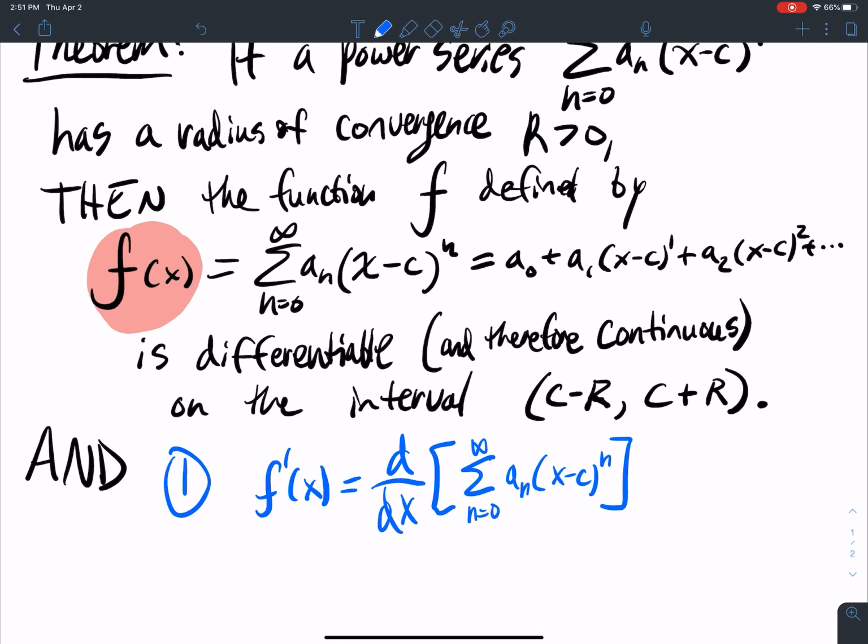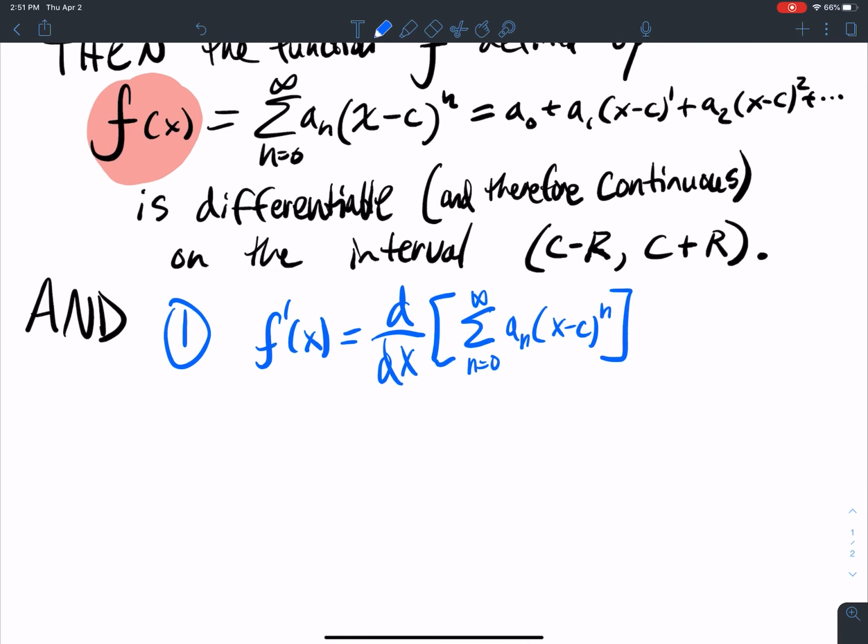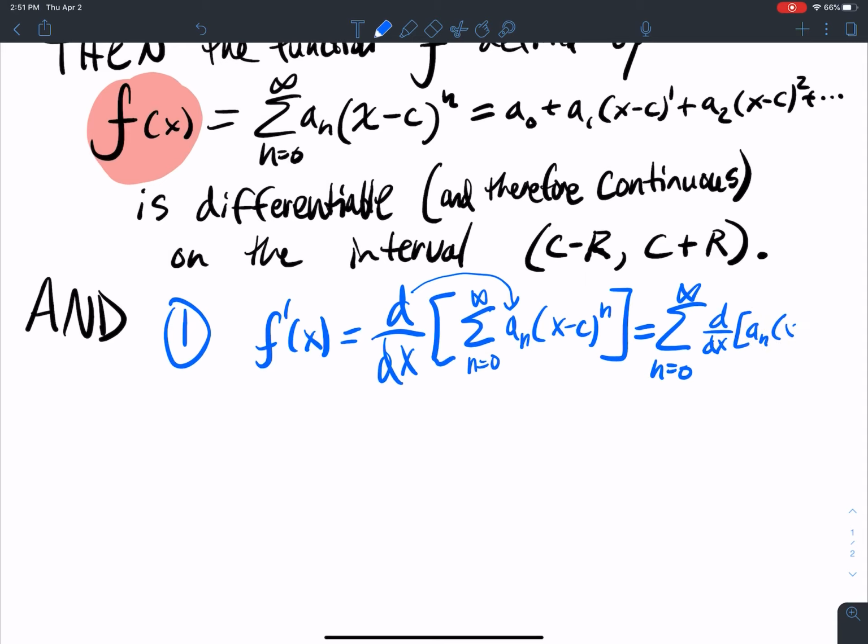Okay. So what does this equal? Well, this is equal to the series as n goes from 0 to infinity. My derivative comes inside, d dx of a n, the coefficient, x minus c to the n.